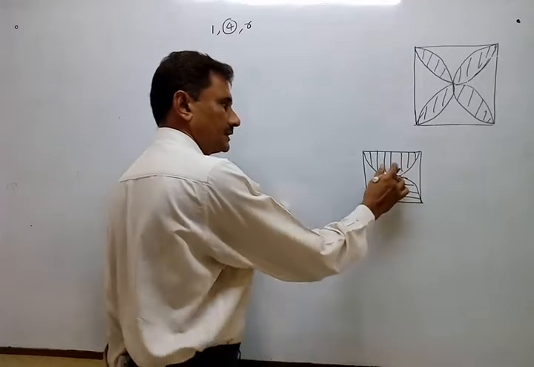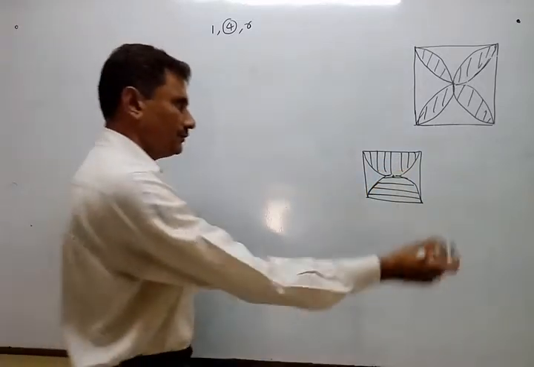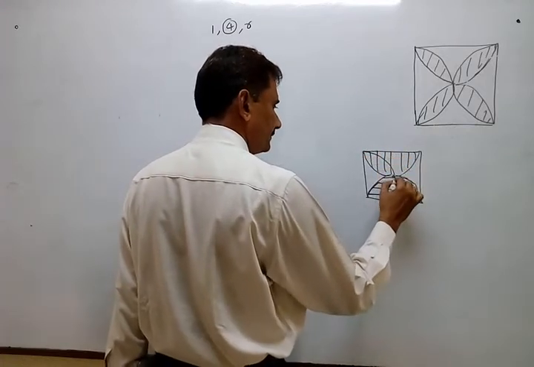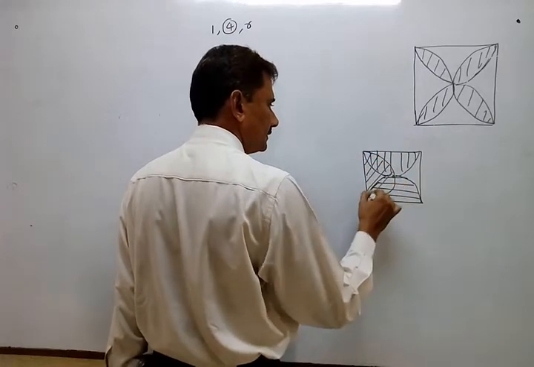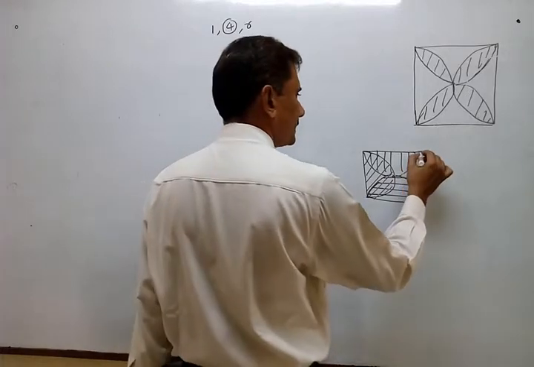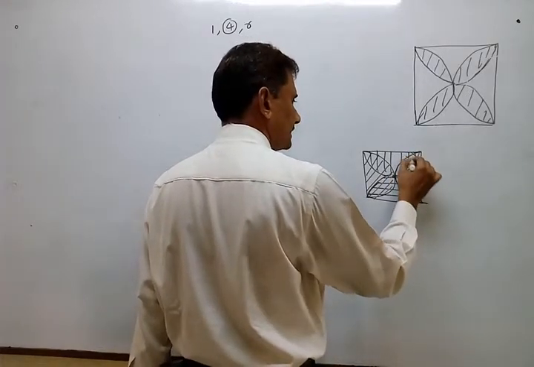They are not intersecting. Now I want to draw the third one. Suppose it is like this. And this is the fourth semicircle. Suppose it is like this.